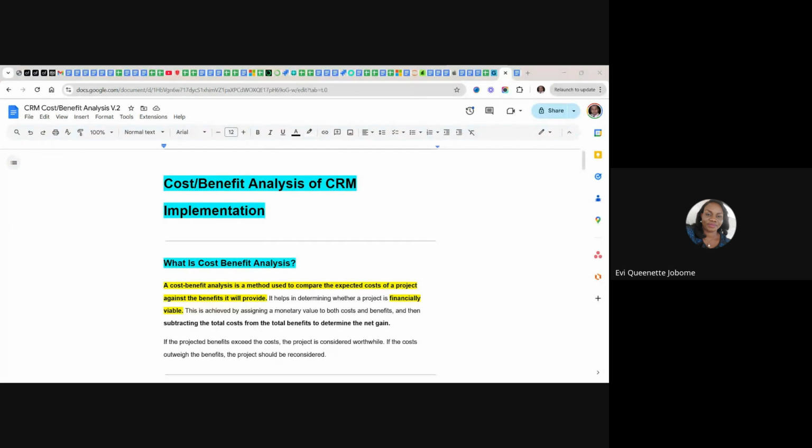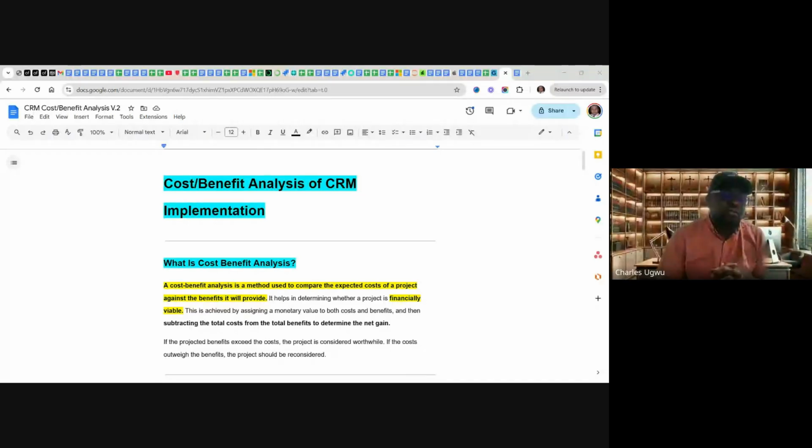Okay, thank you, sir. But NPV is when you do the calculation, when you subtract the cost from the benefit. Whatever remains, that is the return on investment.